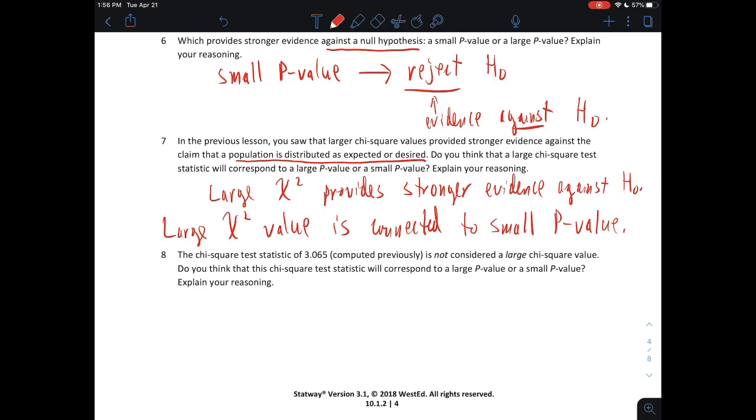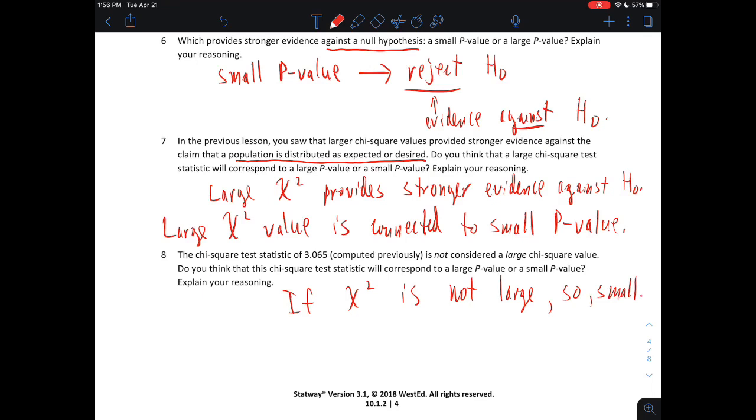Explain your reasoning. So here, if they're saying that it's not large, then it means that it's small. Right? That's the opposite of large.